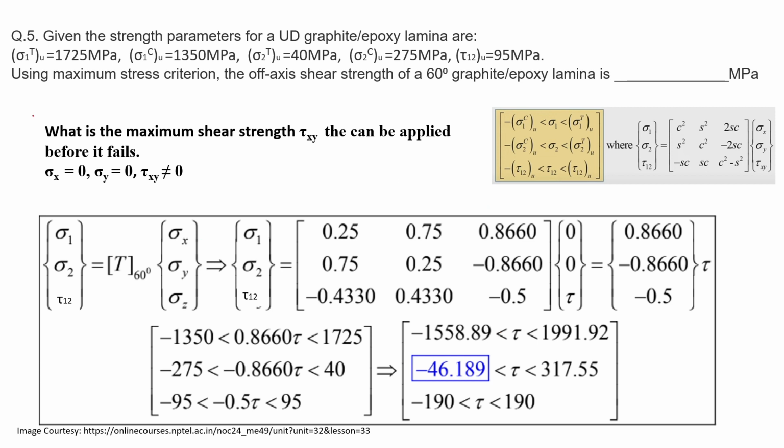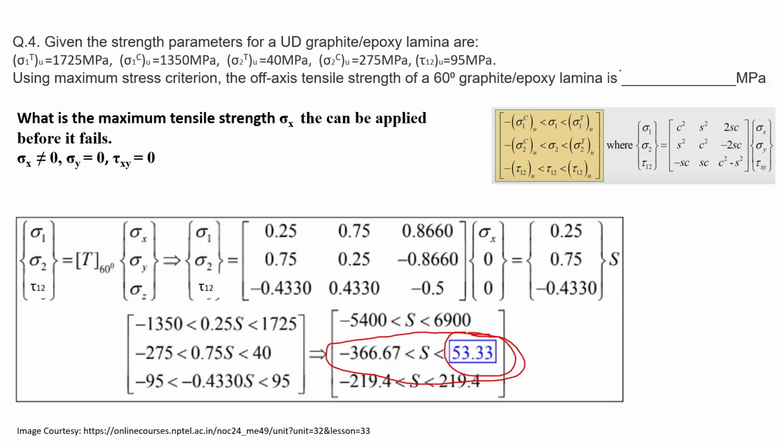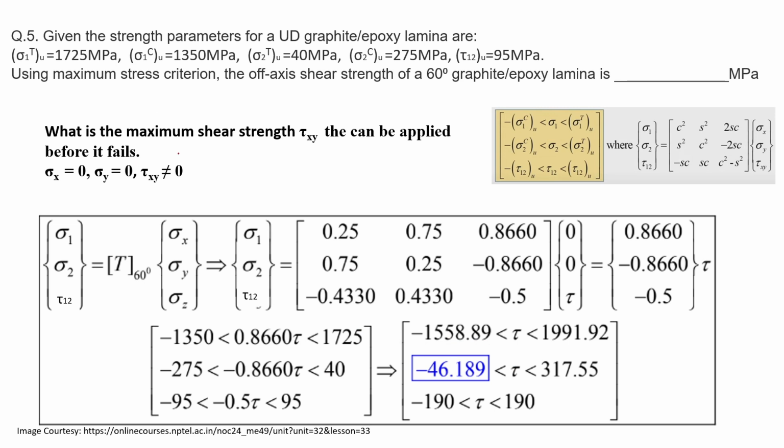The next question is: given the strength parameters of a UD graphite epoxy lamina, using maximum stress criteria, the off-axis shear strength of a 60-degree graphite epoxy lamina is. Now, like the previous question, here they want us to find the off-axis shear strength, considering the shear stress as non-zero and all the other values as zero.